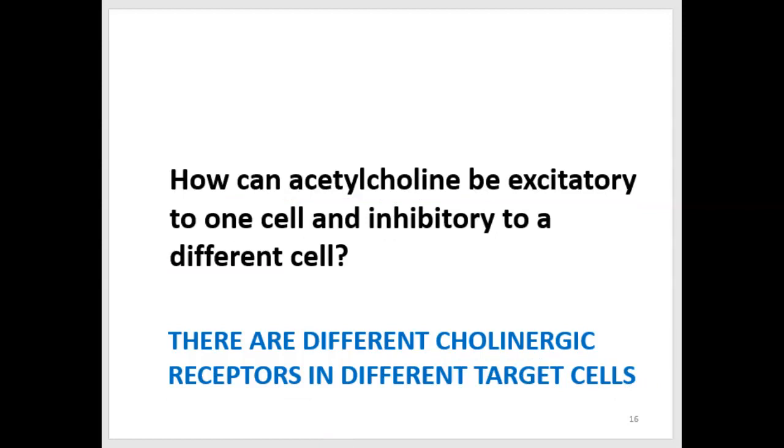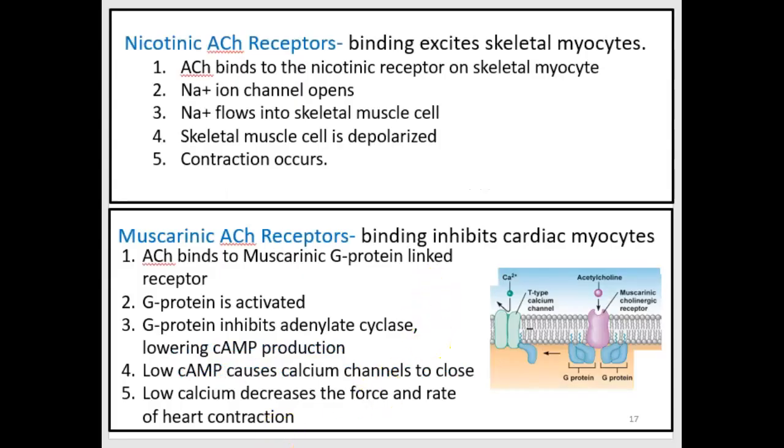The two types of receptors, which you don't really have to remember the names, are nicotinic acetylcholine receptors and muscarinic acetylcholine receptors. The nicotinic receptors are in skeletal muscle, and the muscarinic receptors are in cardiac muscle cells.